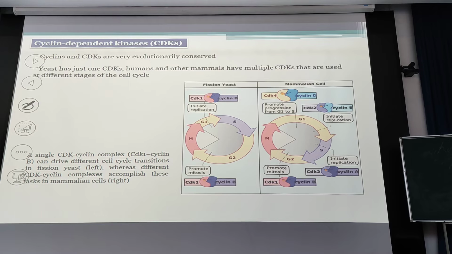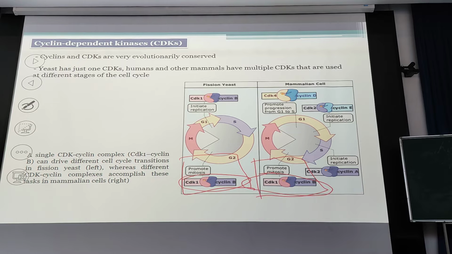You can see that in yeast there is only one CDK, but other mammals have multiple CDKs, and they use different ones at different stages of the cell cycle. Here you can see the structure. CDK1 plus cyclin B, very important, is found everywhere.